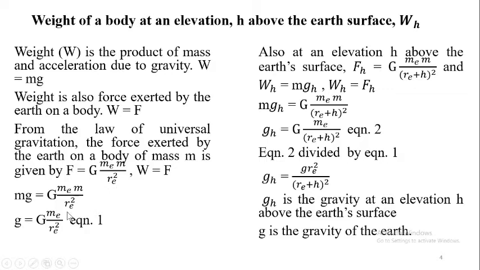And then in that case, we got our g, the gravity on Earth, to be G times the mass of the Earth over the radius of the Earth squared.